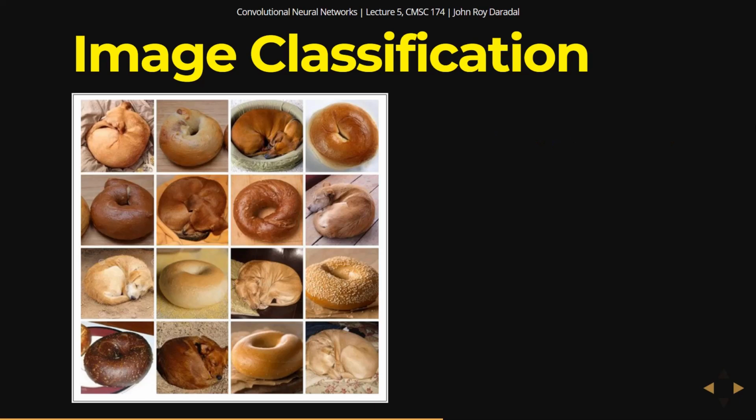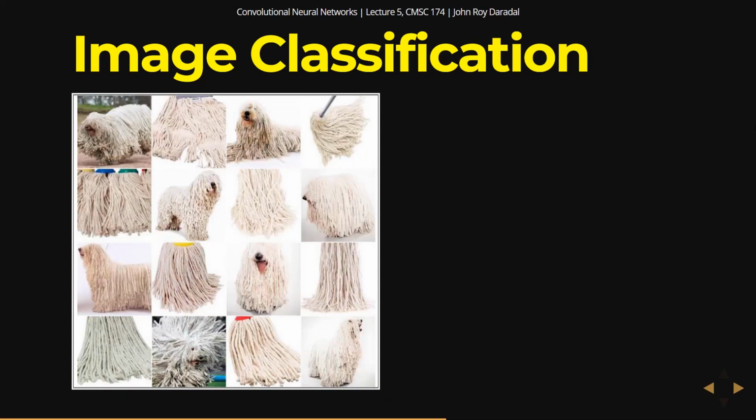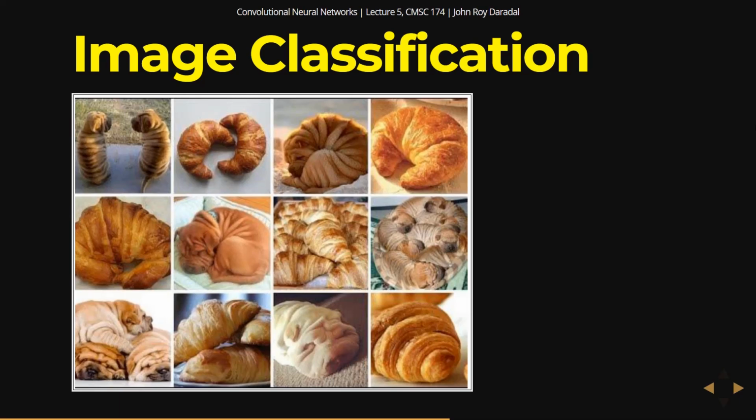So is it a dog or a bread or a donut, right? They kind of look similar. Can our neural network distinguish between these two? Can we distinguish between dogs versus mops? Because they kind of look similar too, right? With those long white, I don't know, string-like things. And then you have dogs versus bread again. Okay, they kind of look the same.